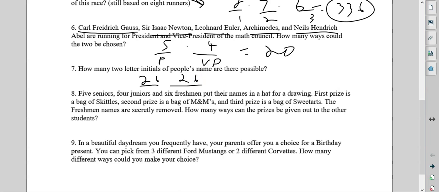Now, if you could not have repeats, it'd be 26 times 25, but that'd be weird, limiting someone, saying, hey, you can't have that name. That doesn't make sense. So you do 26 times 26, which is 676 ways. So everything from AA to ZZ and everything in between, there's 676 different ways of doing that.